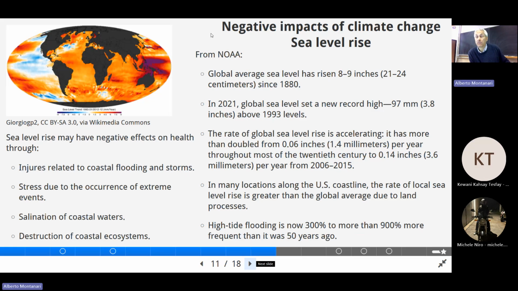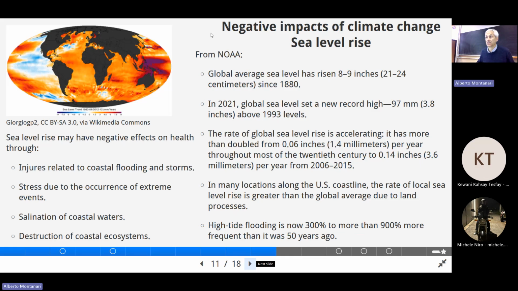If we talk about the past 30 years, it is significant because starting from 30 years ago, we have a lot of measurements of sea level by satellites. In the earlier years, we only relied on direct measurements.